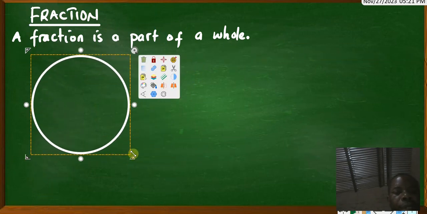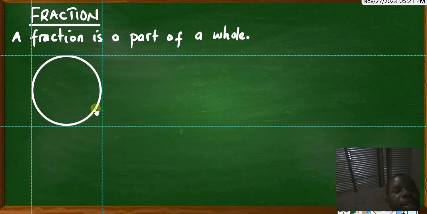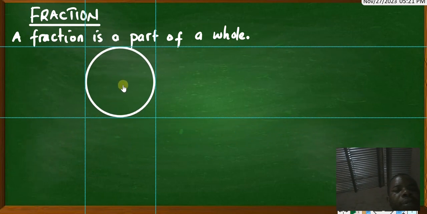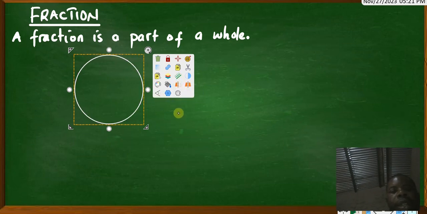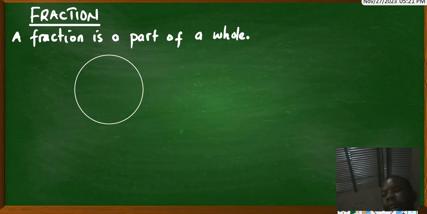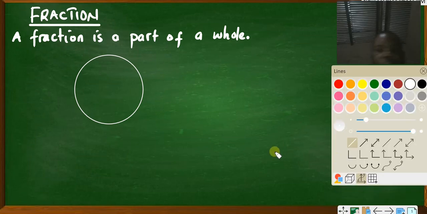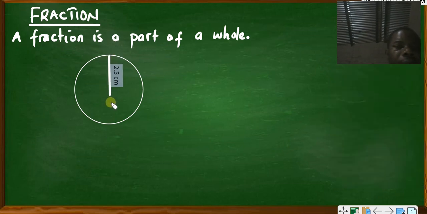So if I have this circle here, this is a circle which I have, and it is a whole. If I cut this circle, let me draw a line here, and another line again here.